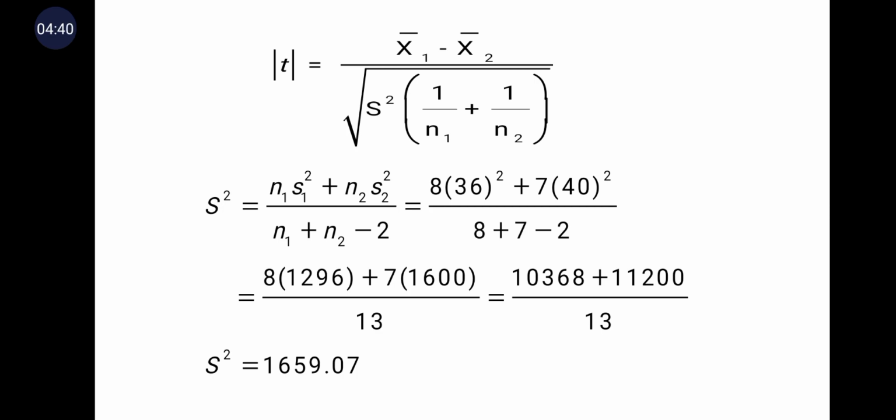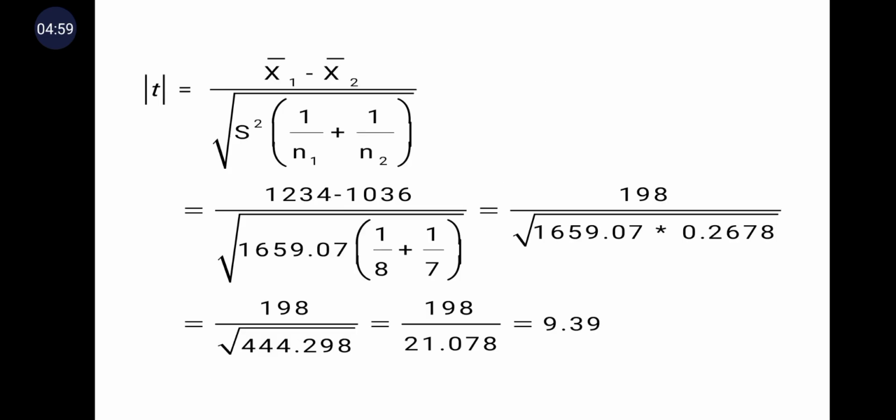The value of s squared is 1659.07. Now the modulus of t: you have to apply this formula for the test statistic. x1 bar minus x2 bar, divided by the root of s squared into 1 by n1 plus 1 by n2.